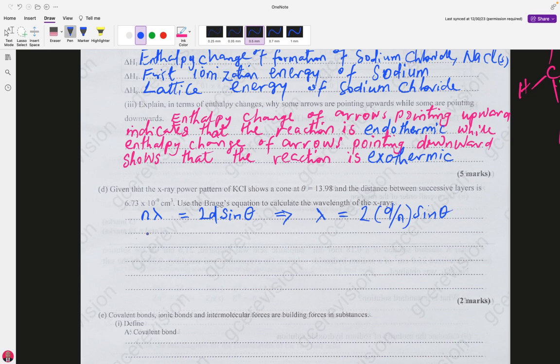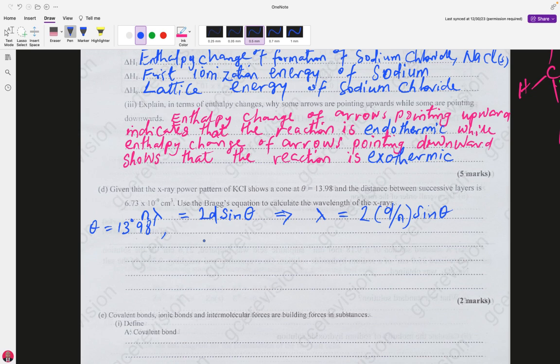Theta, from the data given here, is 13.98 degrees.